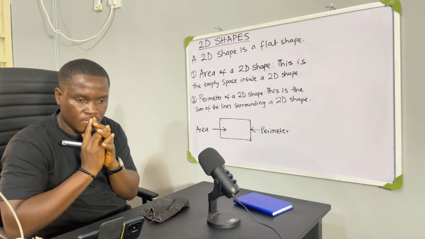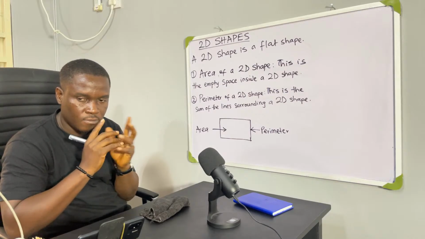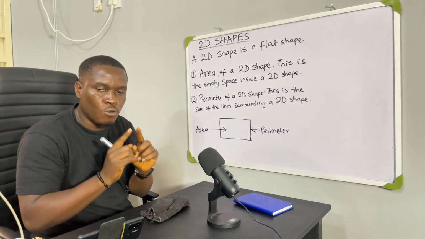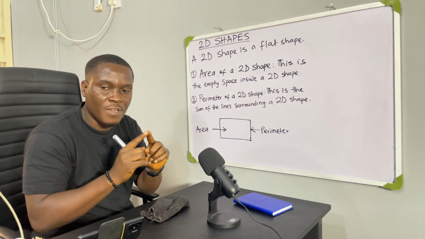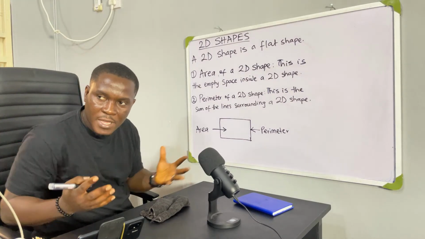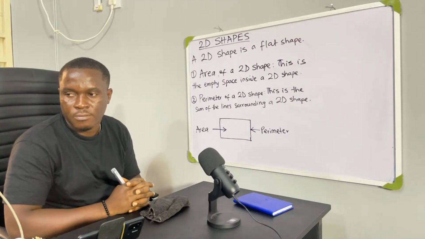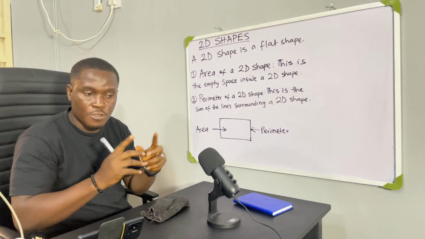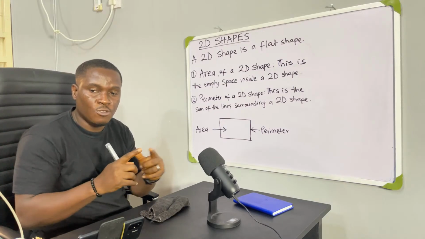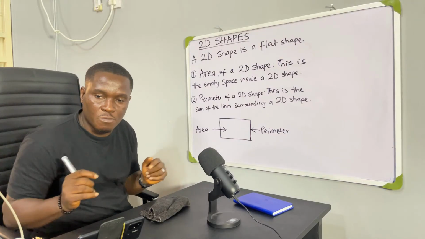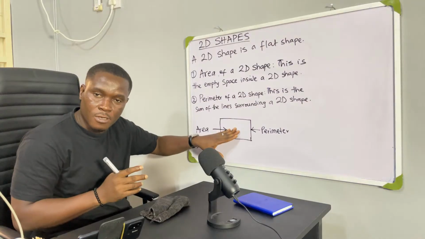Because they told you that they want to find out the size of the carpet, and the carpet covers the space inside the room, right? So if you want to change the carpet in your room, you need to know the space inside your room. So you buy the carpet to suit the space inside your room, and that's the area.